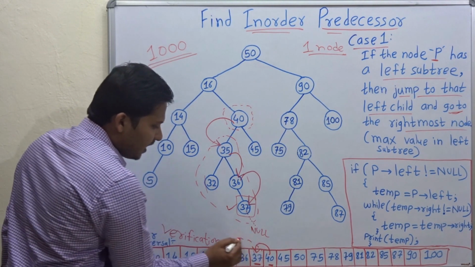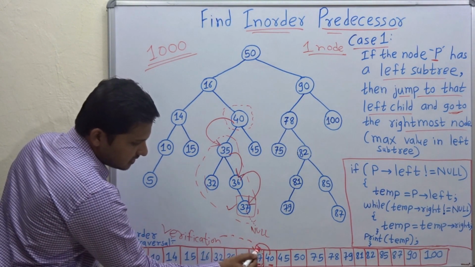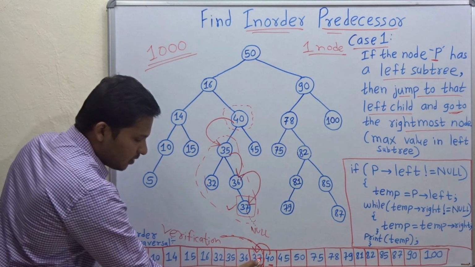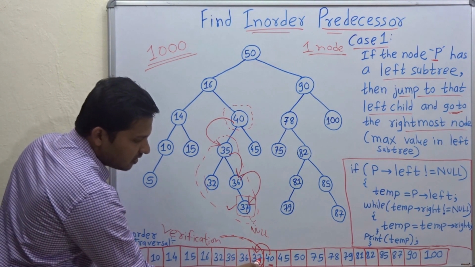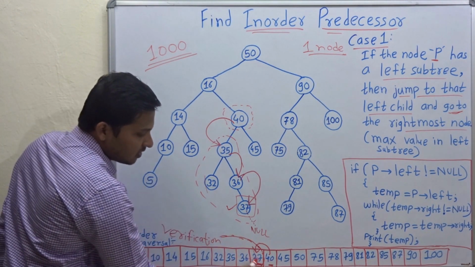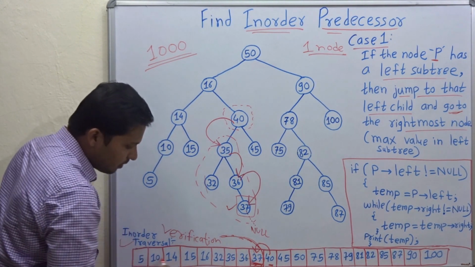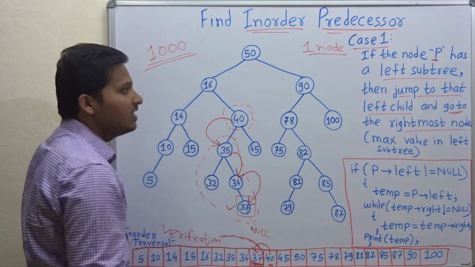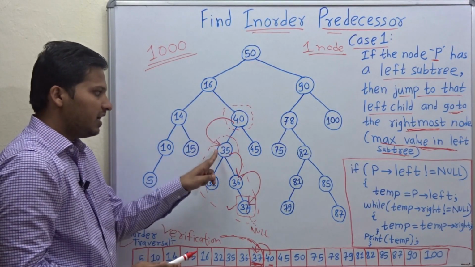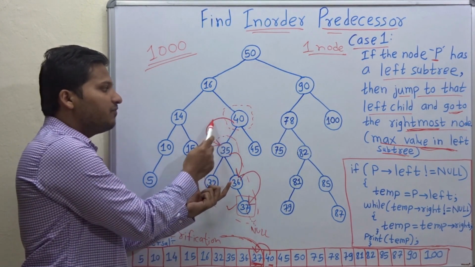Meaning in the left subtree, see, the left subtree of 40 is this, the nodes before 40 in the sorted order. In this left subtree, 37 is the maximum value. Whatever the values are present before 40, 37 is the maximum value among them. That means for 40 we go to the left child, to the left subtree, because we want a value less than 40.